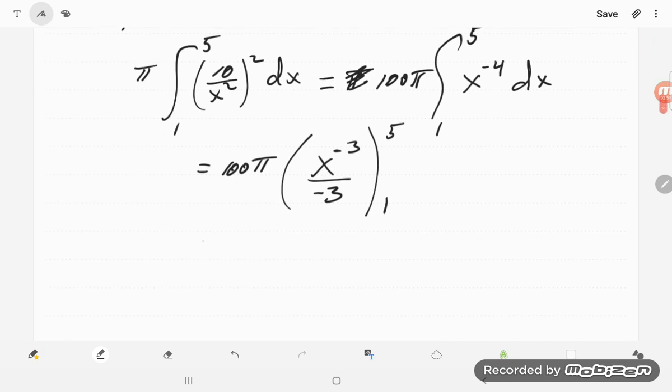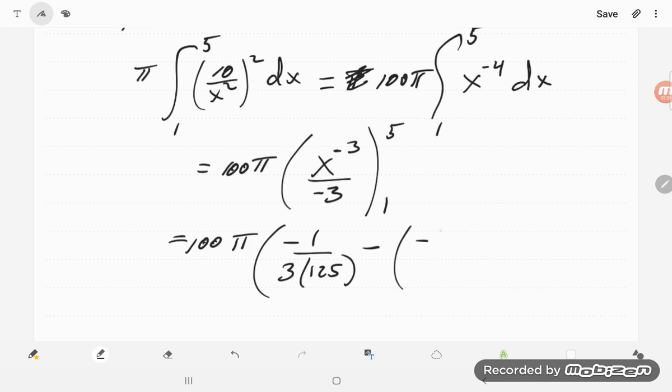So this is x to the negative 3 over negative 3 from 1 to 5. And so this is equal to 100 pi, and we put the 5 in, and so I get negative 1 over 3 times 5 cubed, which is 125, and then minus a negative 1 over, well, 1 to the third is 1, so I just get negative 1/3.